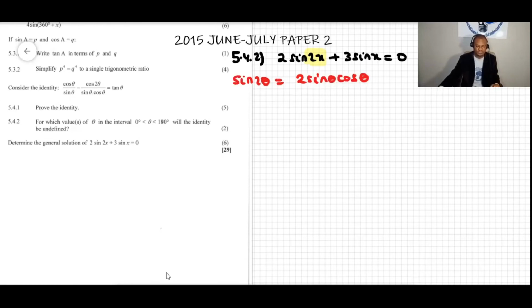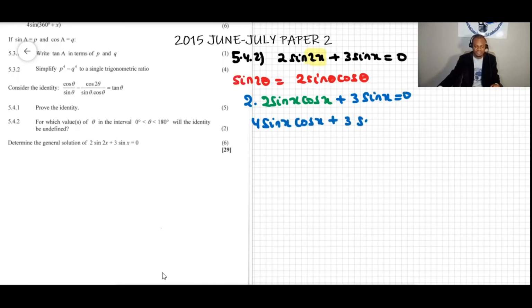So then this will be 2 times 2 sine x cos x, and then plus 3 sine x equal to 0. Now all this combined will make 4 sine x cos x plus 3 sine x equal to 0.